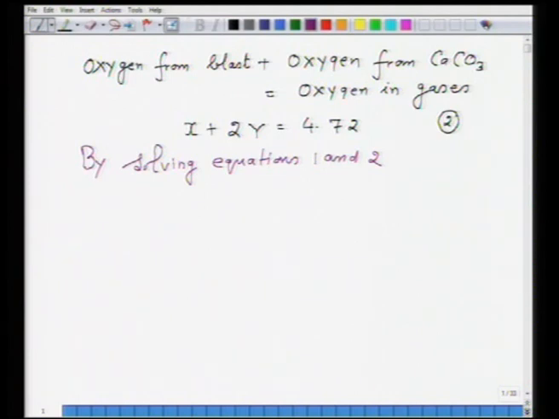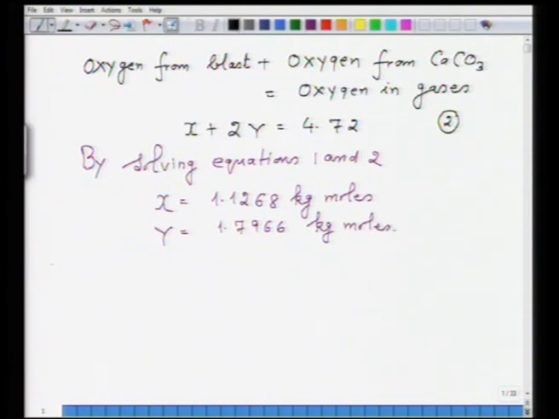So, by solving equations 1 and 2, we get x, that is equal to 1.1268 kg moles, and y, that is equal to 1.7966 kg moles.